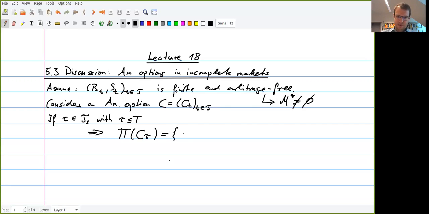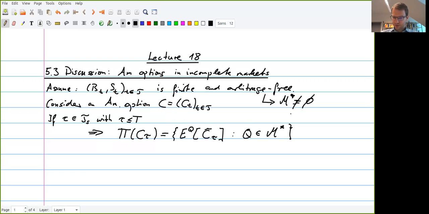So we know for a European option there is a set of arbitrage-free prices described by this interval here, which can be expressed with the expectation of the discounted European option. And then the expectation is taken over all equivalent martingale measures.